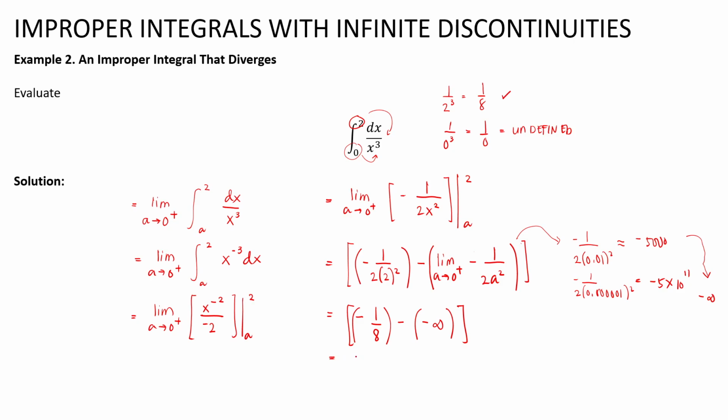This will give us -1/8 plus infinity. So taking -1/8 from infinity is like taking just a small portion out of infinity. So the final answer is infinity.